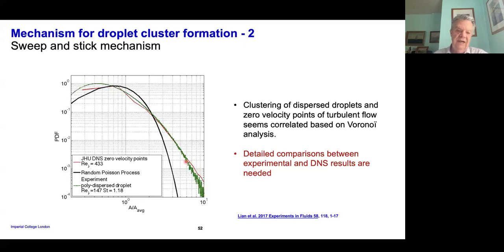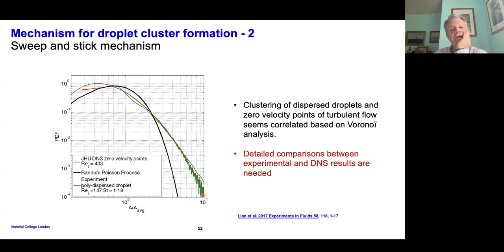The green line is the polydispersed droplets for a particular Stokes number of the order of 1, where you have quite a strong preferential concentration. And the black line is what the random distribution of the Voronoi areas should look like.